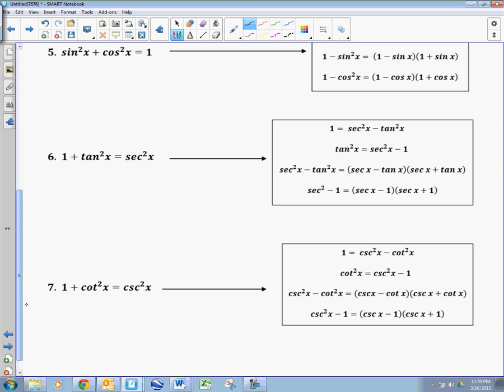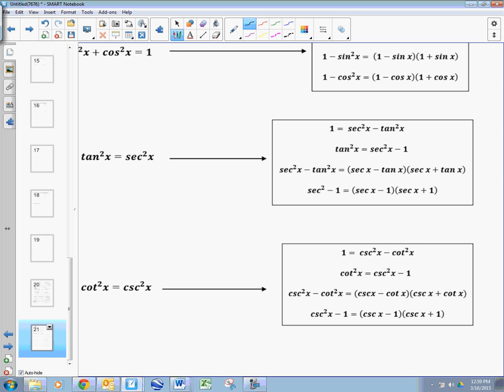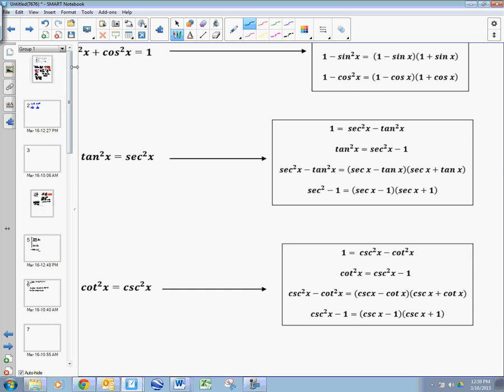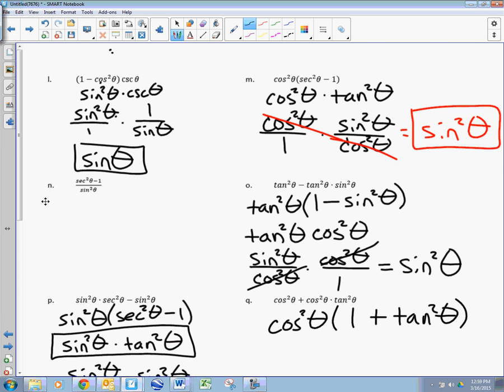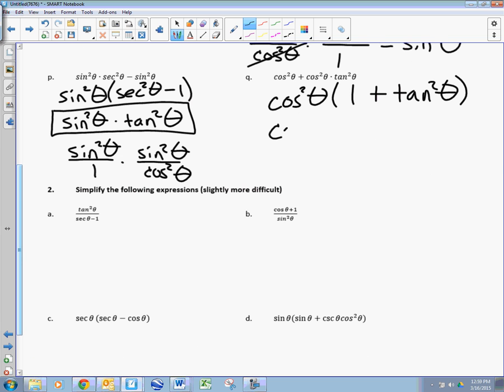It tells us that 1 plus tangent squared is secant squared. So, go back to my problem, and I will write this as cosine squared times secant. What's the relationship between cosine and secant? They are reciprocals, aren't they? When you take two reciprocals and multiply them together, what do you get? You get 1.